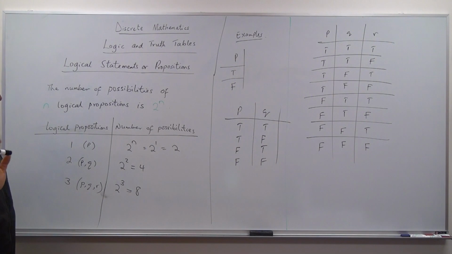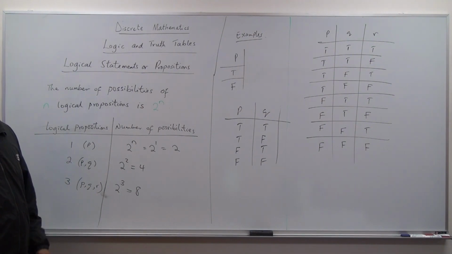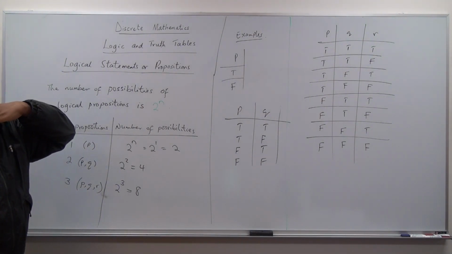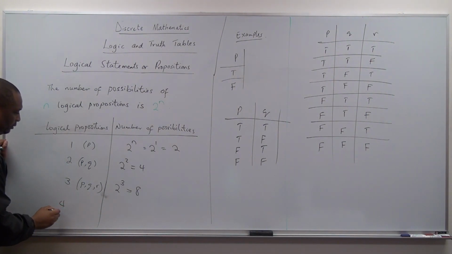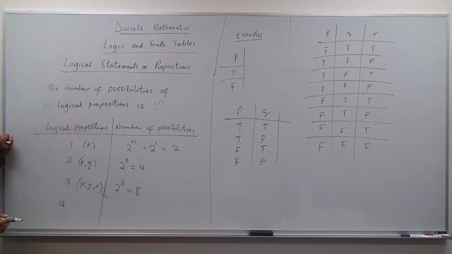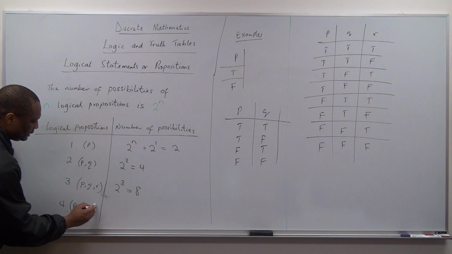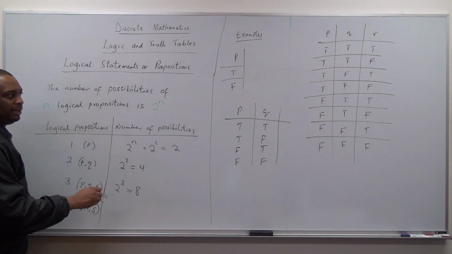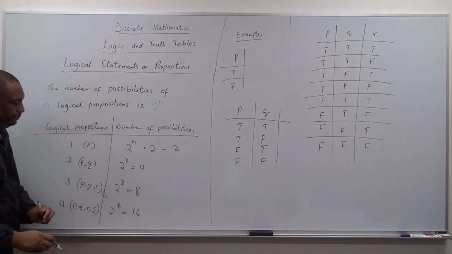We'll just stop at S. So assuming we have four logical statements, P, Q, R, S, how many possibilities do we have? It's 2 raised to power 4, which is 16.